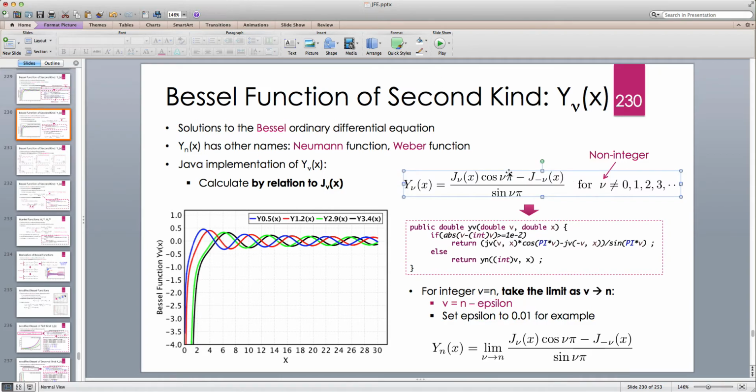And because we have this negative sign, this goes to negative infinity. Because J nu of x doesn't have any singularity, right? So if nu is not 0, J nu of 0 is always 0. So Y nu of 0 is minus J minus nu of 0 divided by sine of pi nu. So the reason this blows up to minus infinity is because J minus nu of x blows up to plus infinity at x equals 0, all right?